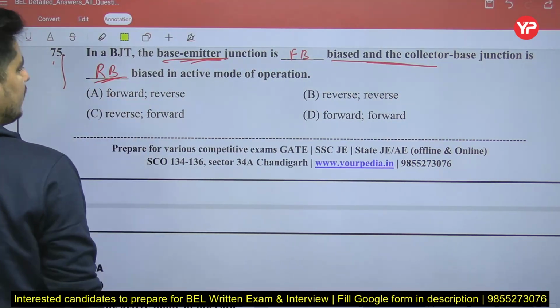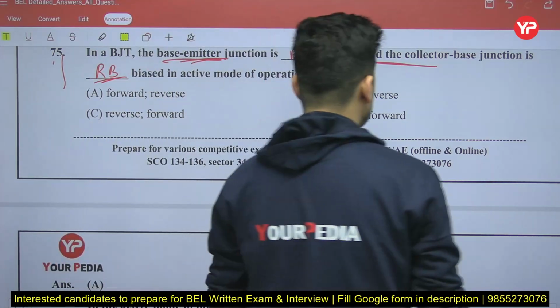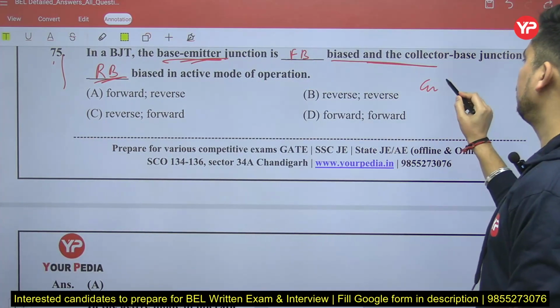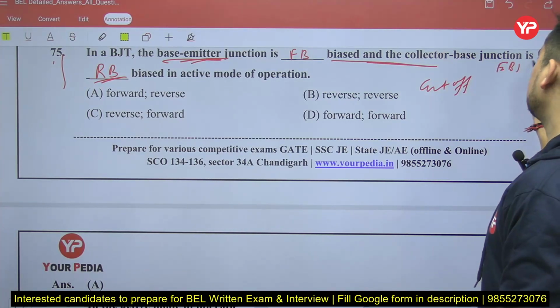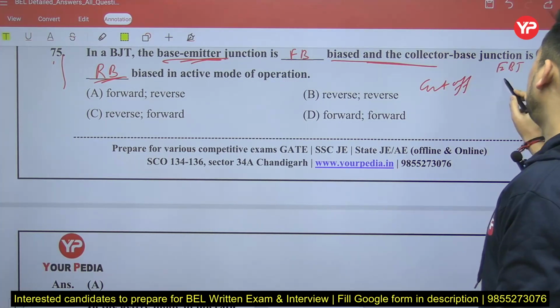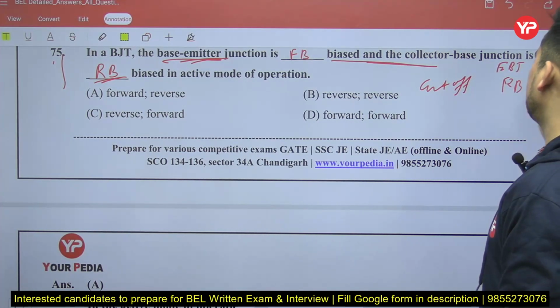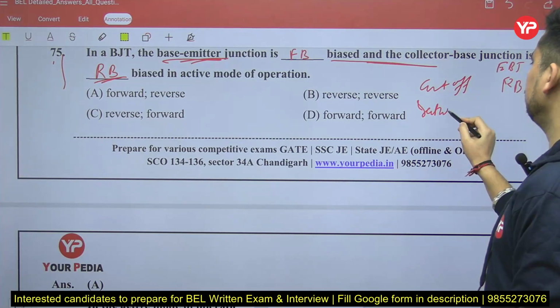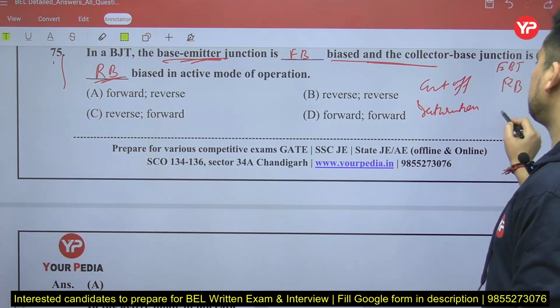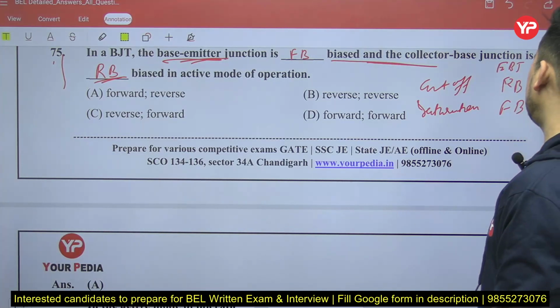Remember that. There are four regions of operation of the transistor. One is cutoff. Cutoff means both the emitter base junction and the collector base junction are reverse biased. Saturation: in saturation, both the junctions are forward biased.